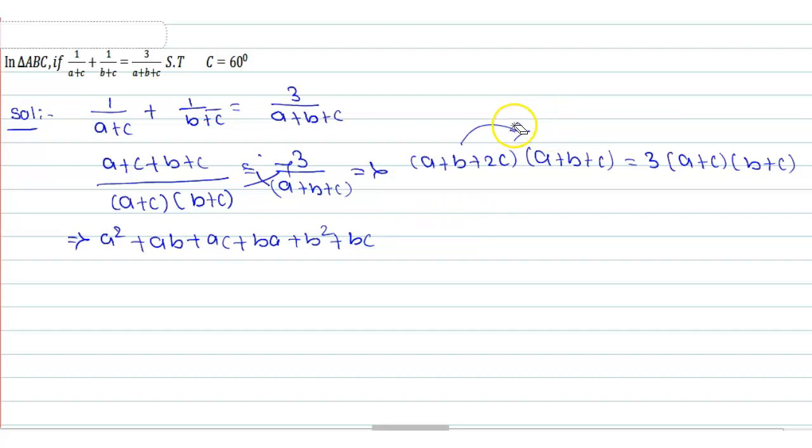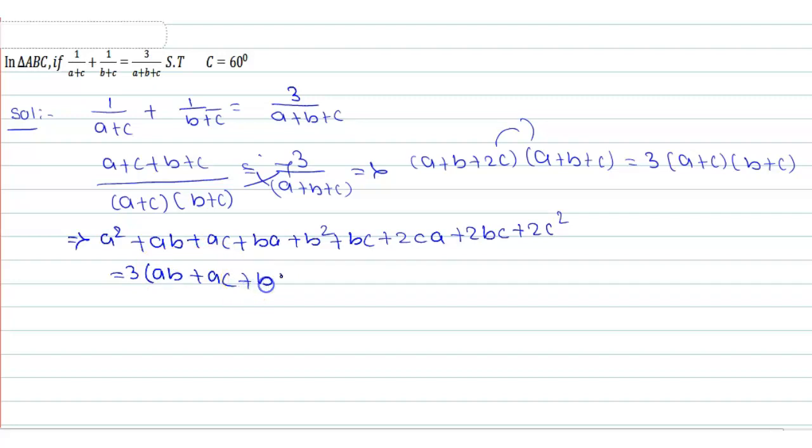After b is finished, next write the c terms: 2ca plus 2cb, or bc, plus 2c square. This is the LHS. And coming to the RHS, 3 times (ab plus ac plus bc plus c square).